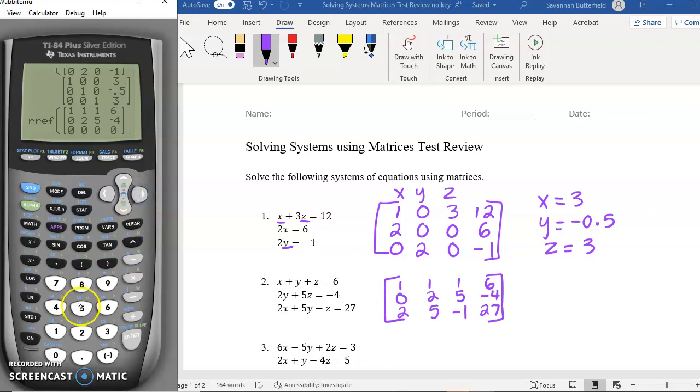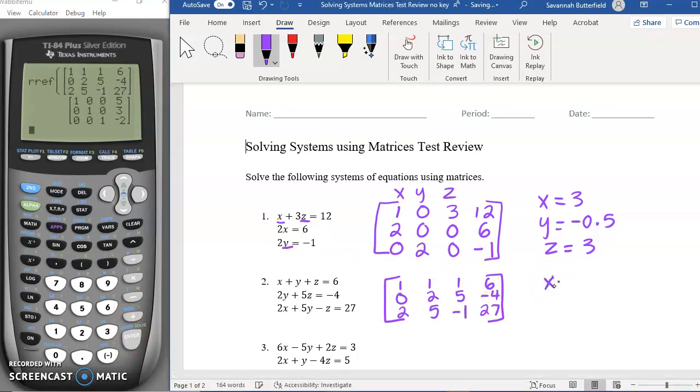Four, 2, 5, -1, and 27. And I get an answer of x equals 5, y equals 3, and z equals -2.